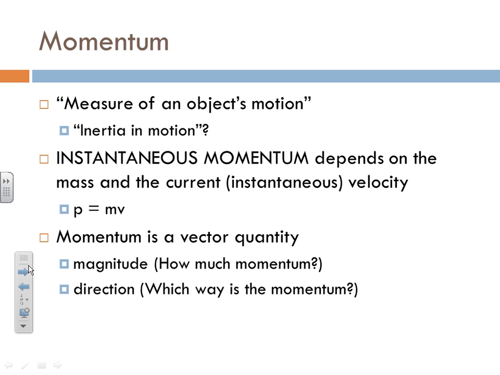How much momentum does it have, and which way is that momentum going? So, instantaneous momentum depends on an object's mass and its instantaneous velocity.